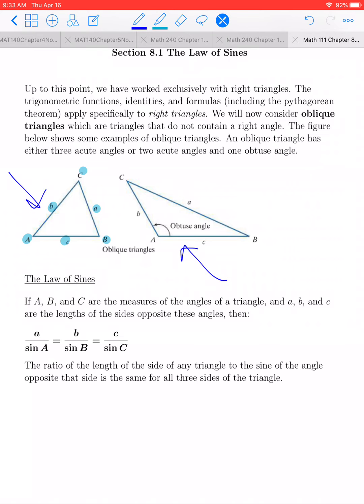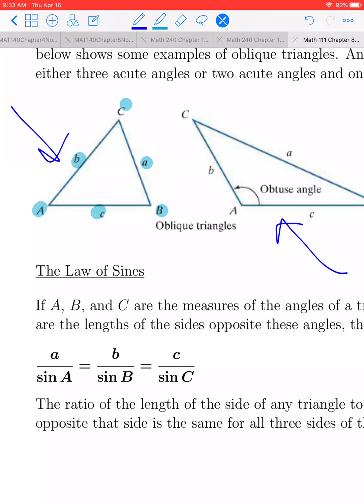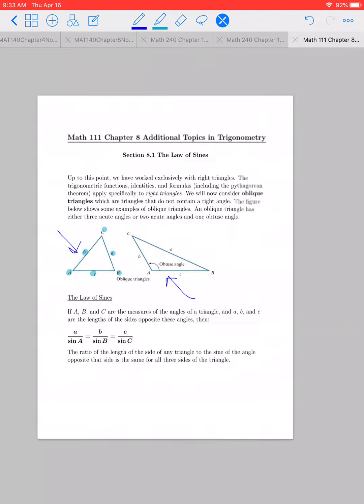And what's nice about this law of sines, and the thing you should keep in mind as we're working throughout this section, is that it applies to any triangle, not just right triangles, but obtuse triangles, oblique triangles, etc.